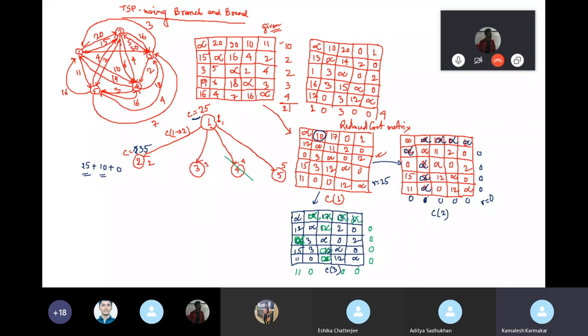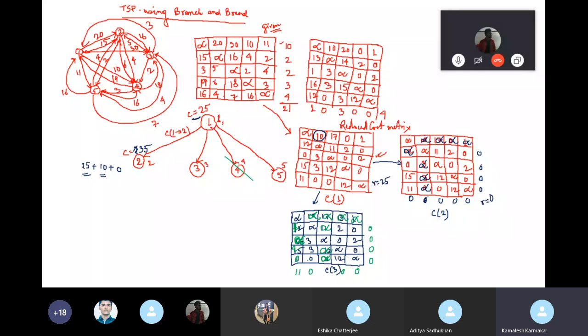So if you subtract this 11, what will be the value? This column will be updated. Sorry, after subtracting 11, this value will be 1. Here it will be updated to 4, and here it will be 0.